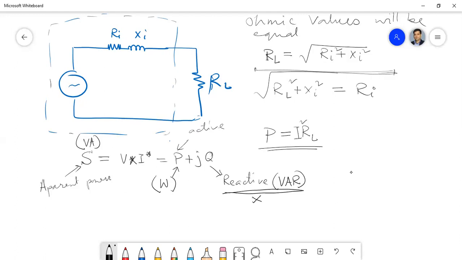Sir, are the dimensions of VA, W and VAR not the same? The dimensions are equal, but their units are not equal. How can we add two different units, sir? One is W, one is VAR.